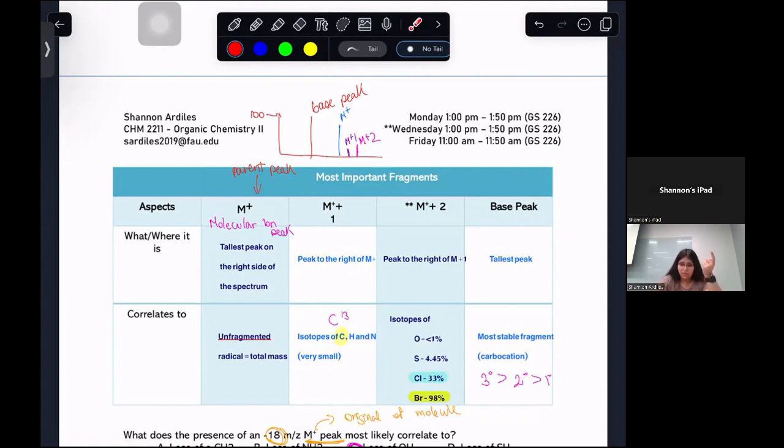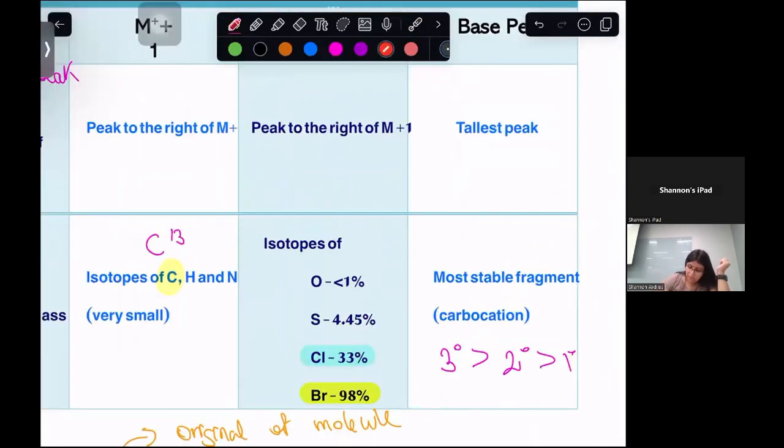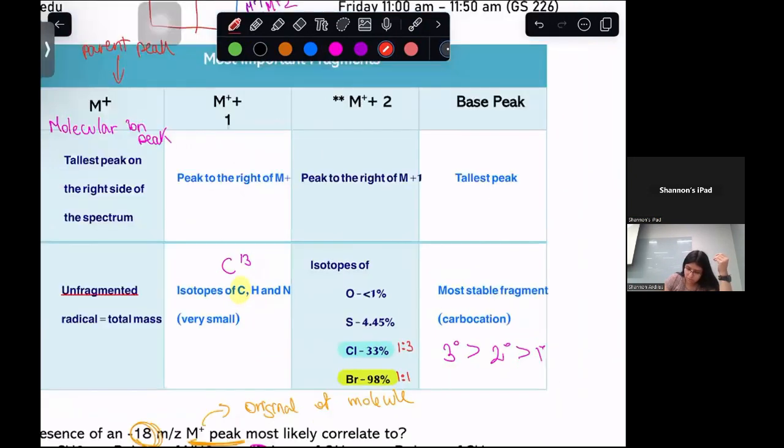That can be an exam question. And as we can probably notice, it's going to be bromine. Okay, that's the one with the highest percentage. Now, we can use those percentages. Those are very exact, but we can also use ratios, okay, because that's what they represent at the end. So chlorine is going to be a 1:3 ratio, and bromine is 1:1.